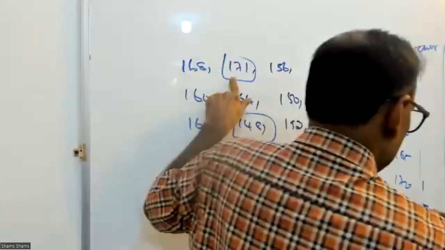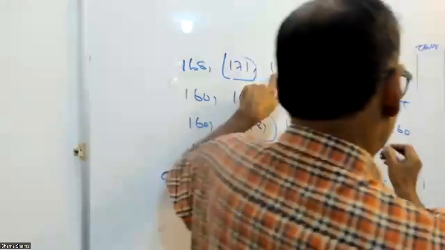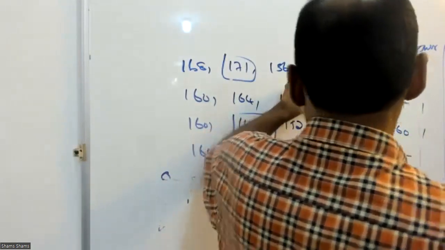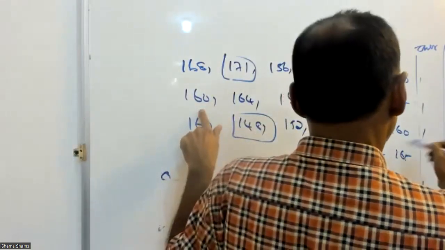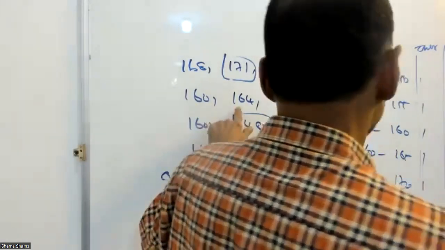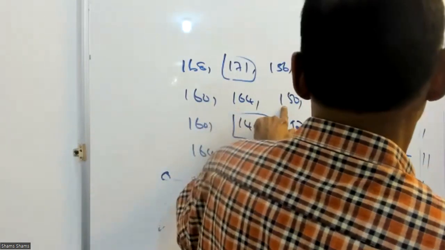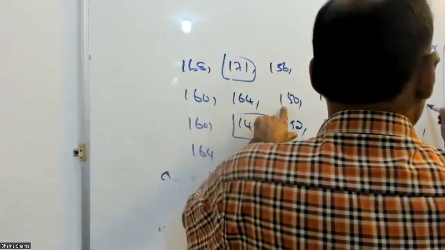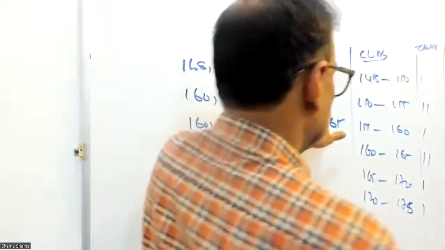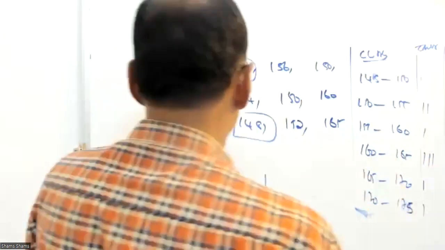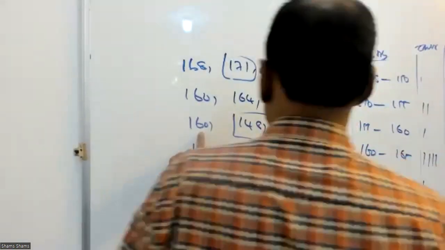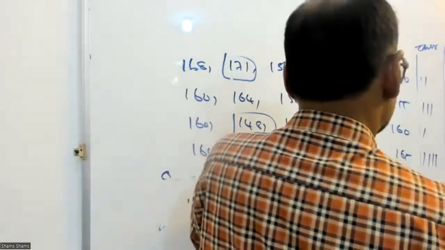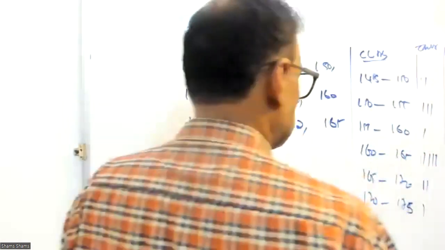Next is 171 here, 156 here, 150 here, 160 here, 164 here, 150 here, 160 again here, 148 here, 152 here, 165 here, 164 here.